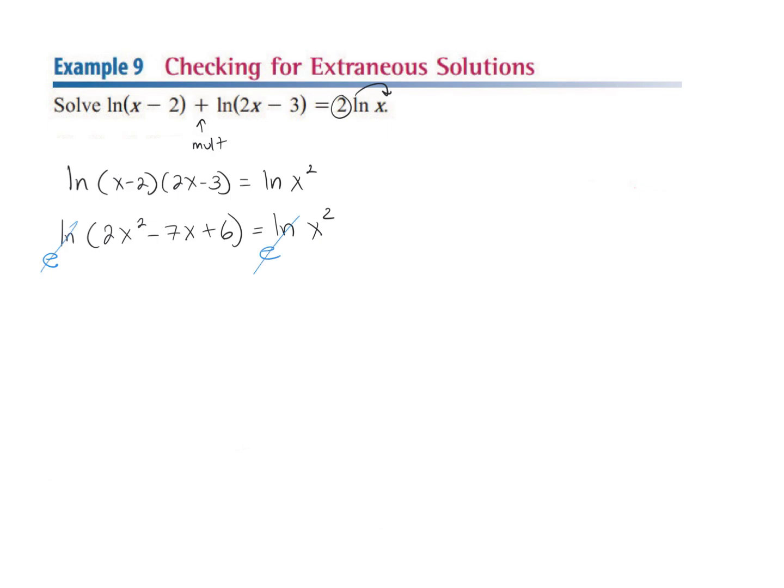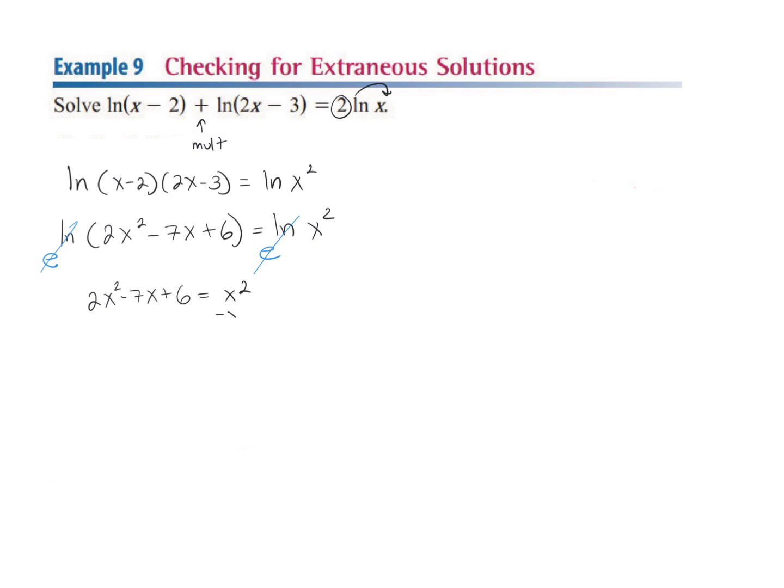Again, if you notice that they are the exact same thing on both sides, you can also just ignore them. I just put it to the e base to match the notes. So I end up with 2x squared minus 7x plus 6 is equal to x squared.